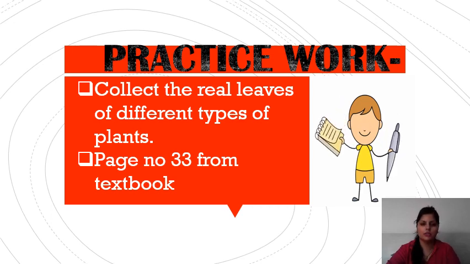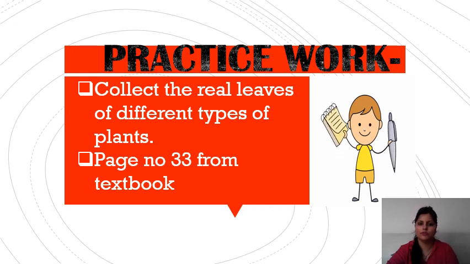The other homework is in your textbook, page number 33. There are different names of plants given there. You have to find the words from the word grid given there. It is very easy. You have to do it as your practice work.